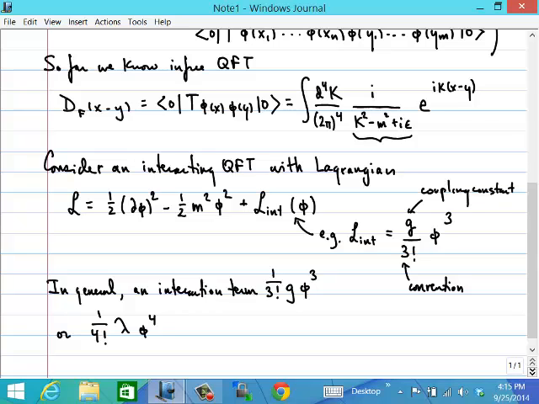That's just some convention because it'll make the results that we get at the end of the day a little simpler. It'll just make the results look a little nicer.